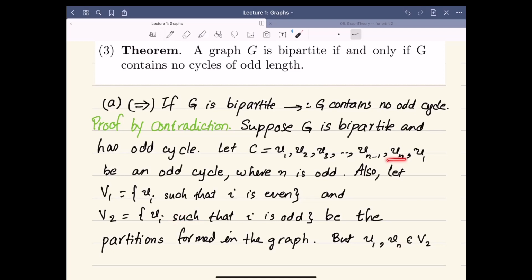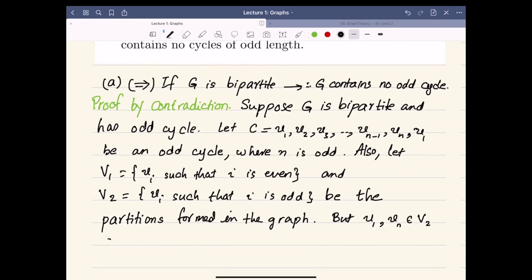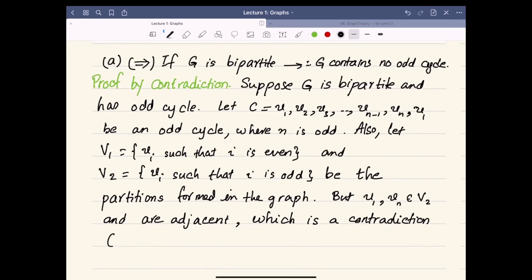But v1 and vn are adjacent, and since they are in the same set and adjacent, this is a contradiction. Contradiction to what? To G being bipartite. Remember, for bipartite, no two vertices in the same set are adjacent, and this completes our proof.